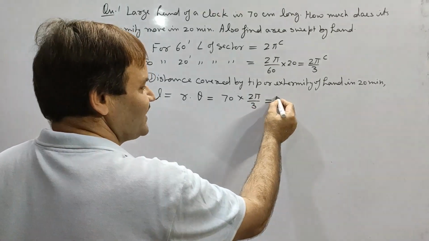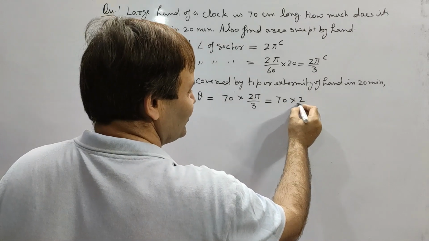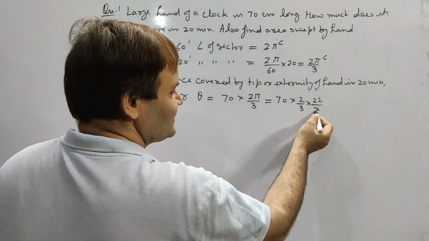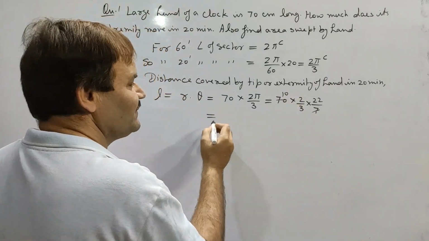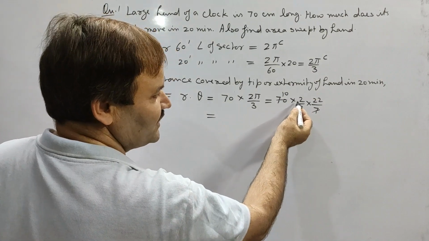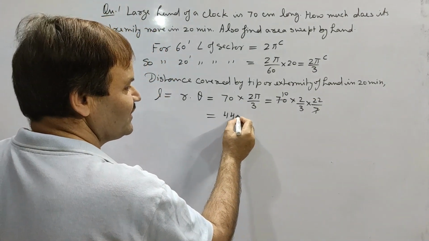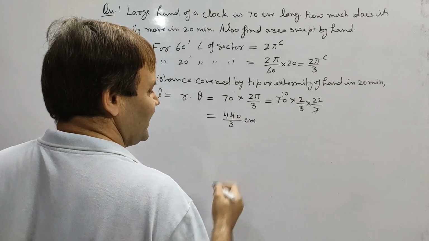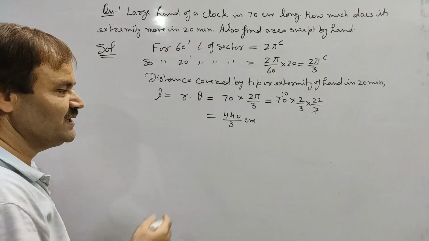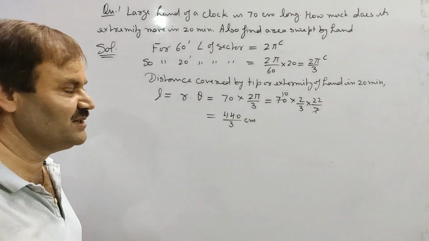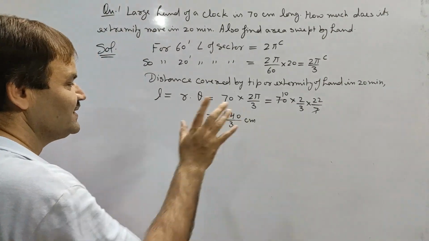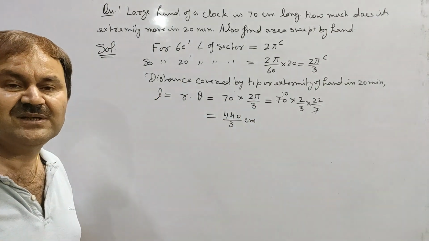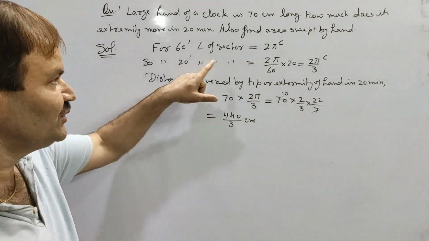So 70 into 2 upon 3 into 22 by 7, that is 440 by 3 centimeter, and it may be converted into meter by dividing it by 100. So 440 by 3 centimeter will be the distance covered by tip of the larger hand in 20 minutes.